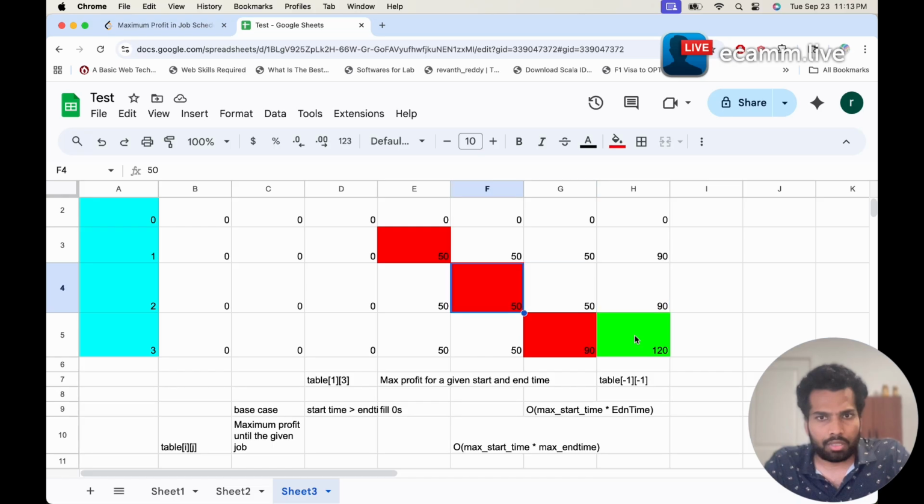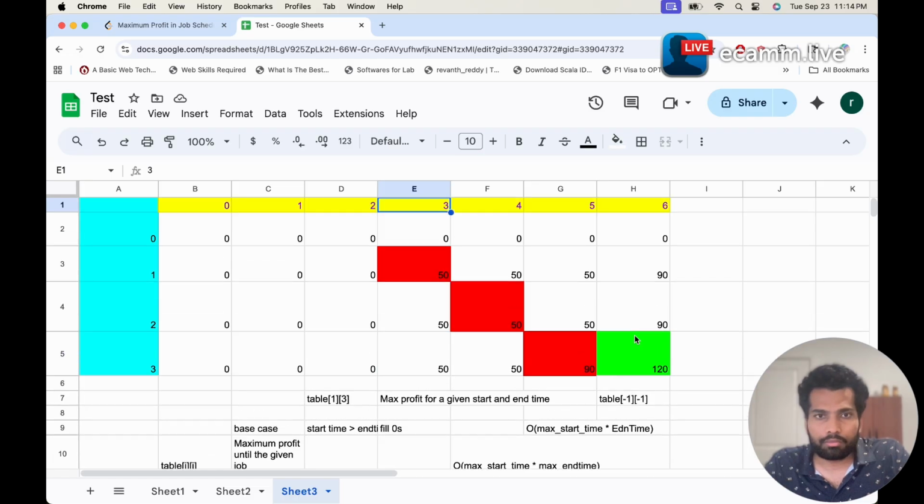Which means we are calculating or solving subproblems which we don't need. For example, let's take this cell which is 3 comma 4. There's no job with those start and end times, but we're still calculating it, which is an overkill for this problem.